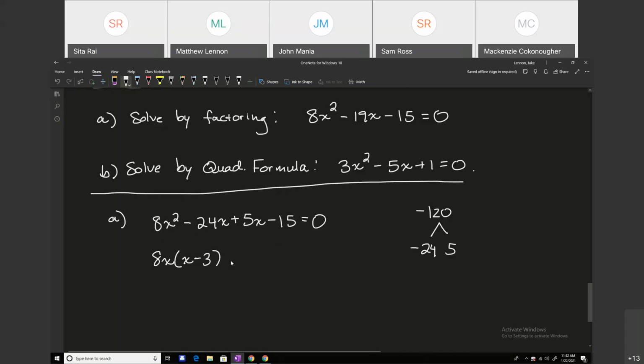From 5x minus 15, we can take out a 5, and we also get x minus 3. So we have our two factors now, 8x plus 5 times x minus 3. Those lead to solutions of x equals minus 5 over 8 or x equals 3.